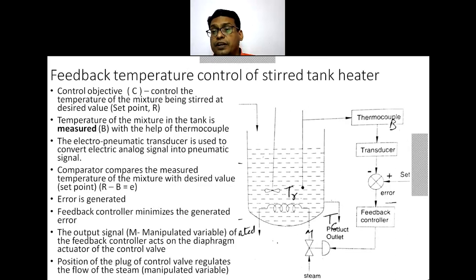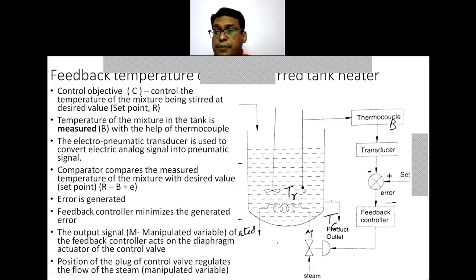Now in general, our system is related to the measurement of temperature, where a thermometer or thermocouple is used, and a transducer is connected to that. That means it is converted into an electrical signal.